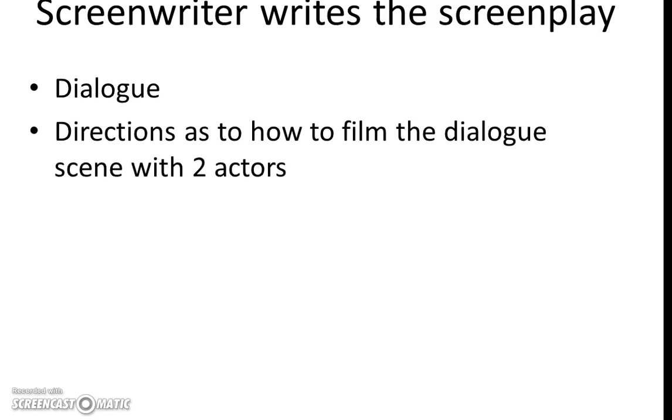As a screenwriter, if there are actors on screen involved in a conversation, which is dialogue, the screenwriter writes what he or she thinks should be important to be captured in film. And so what I'm hoping to do is just give you a couple of tips about how film directors go about translating a screenplay onto the screen.